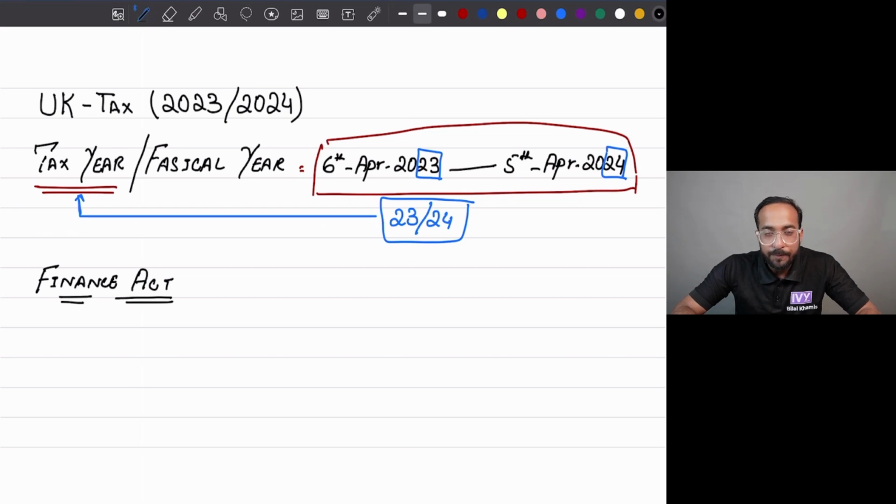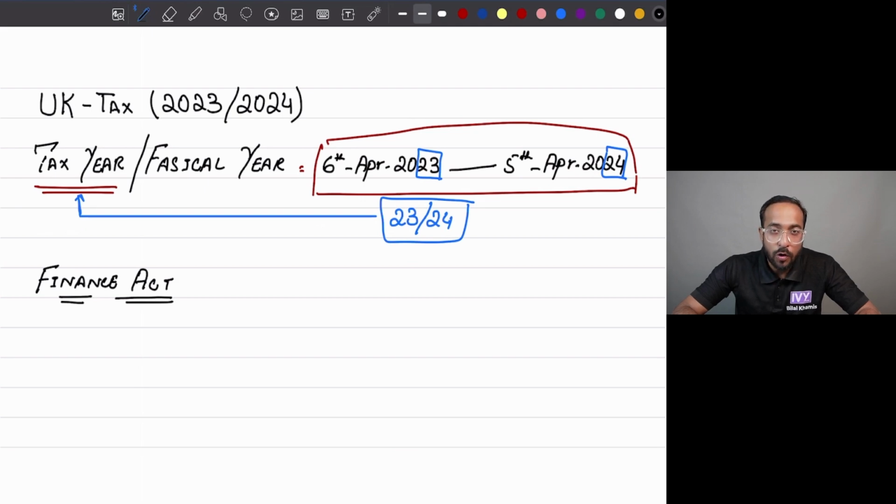In that rule book, you will learn lots of tax rules, such as how to calculate the tax, how to calculate the taxable income, how to calculate the pay, and how to calculate the capital gain. In short, in this book, you will learn lots of rules regarding tax, such as how to collect a tax, how to pay a tax, what the deadlines are to pay the tax, and what the fines and penalties are if you don't pay the tax.